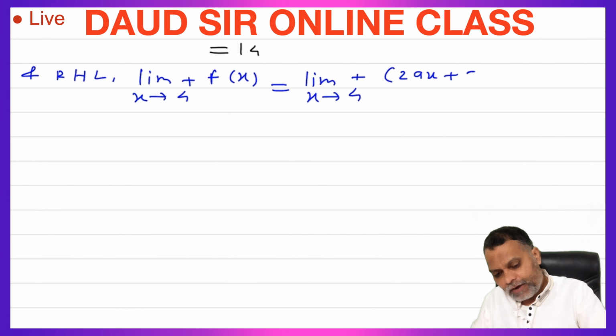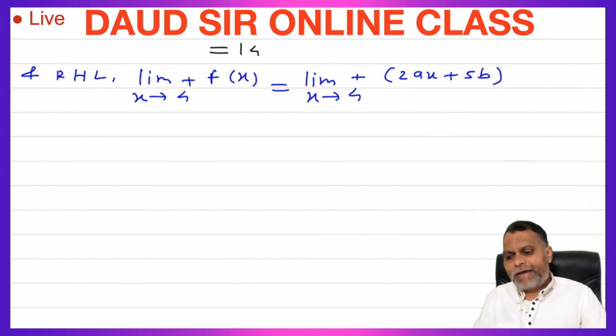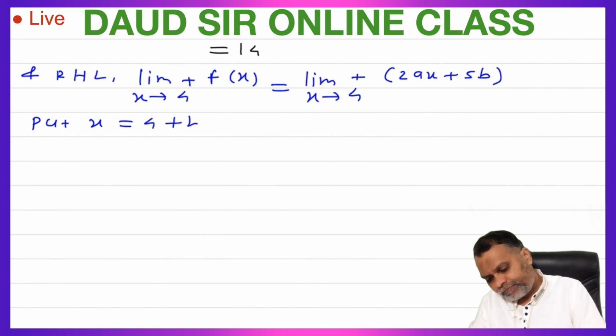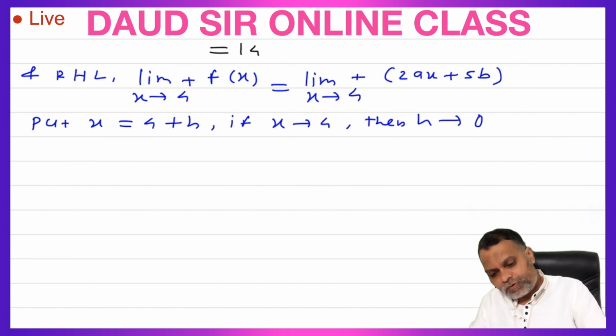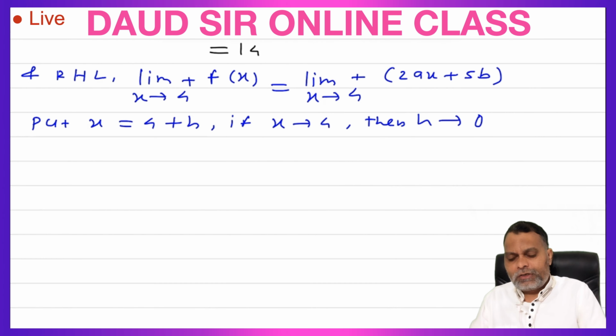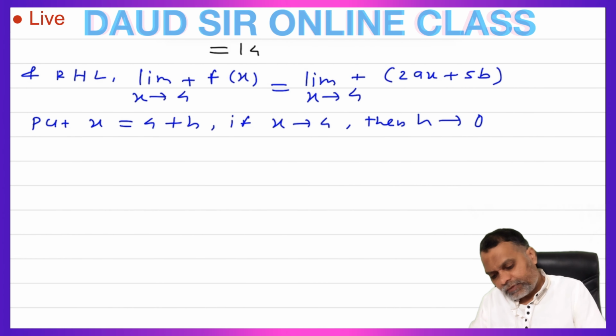Put x is equal to 4 plus h. Change: if x tends to 4, then h tends to 0. How? Put this 4 plus h here, 4 plus h tends to 4, 4 and 4 cancelled, h tends to 0.